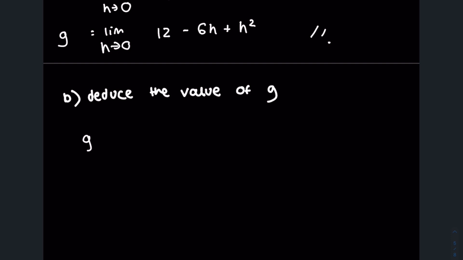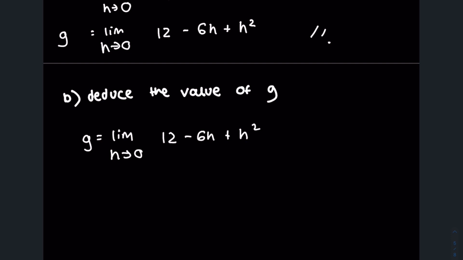So we've still got our G is equal to the limit as h tends to 0 of 12 minus 6h plus h squared. There's no further simplifying we can do to this, maybe factoring out h's or whatnot, but now all we really can do is take the limit as h tends to 0.